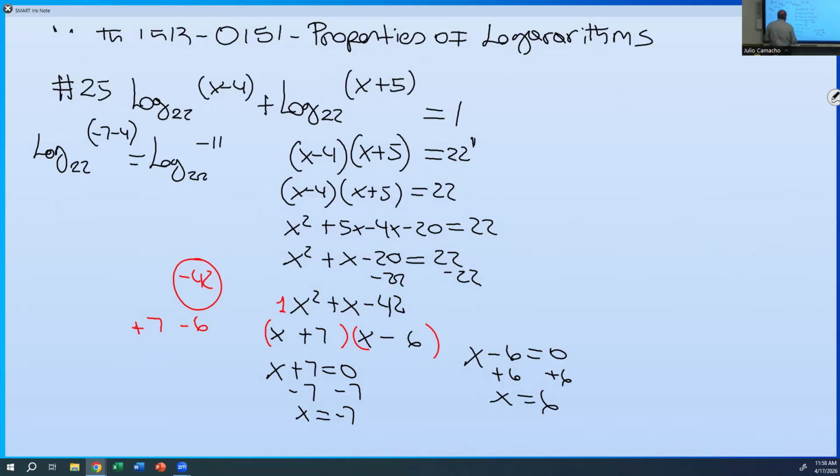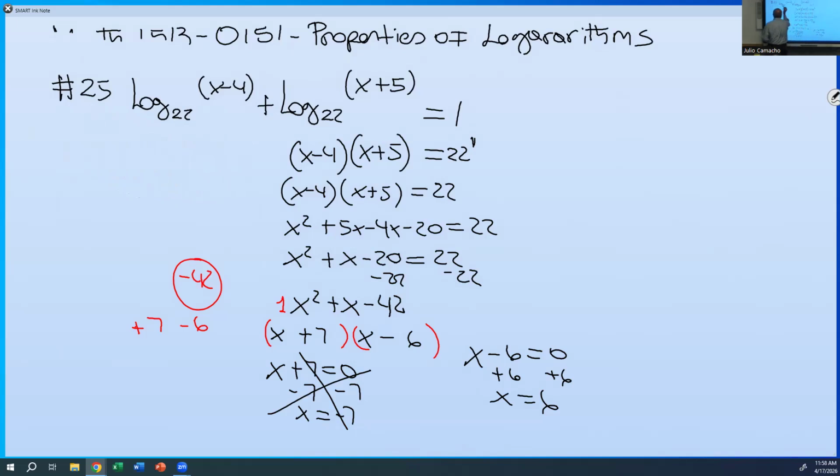And we said we cannot have a negative or 0 argument, it has to be greater than 0. Because of that, this negative 7 is disqualified, and the only answer that we have is 6.